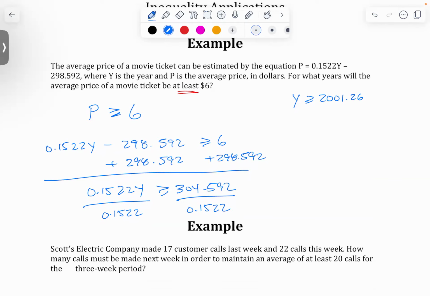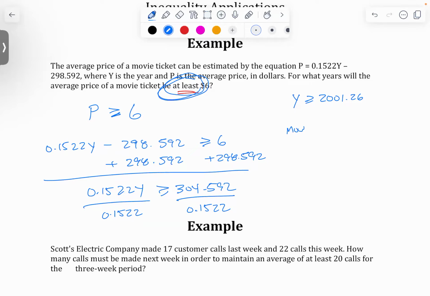Inequalities, even more so than equations, really require a sentence statement because you need to make sure that you include this terminology, the at least, at most, more, less, in your interpretation.